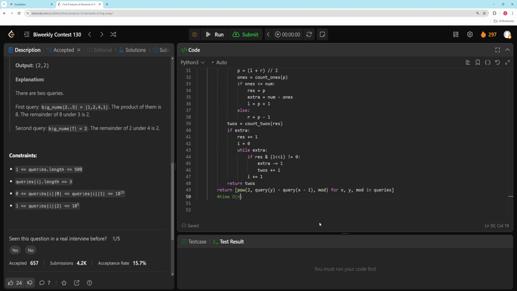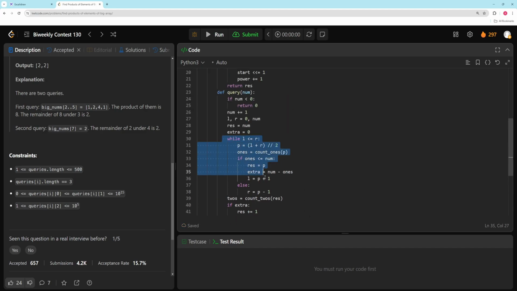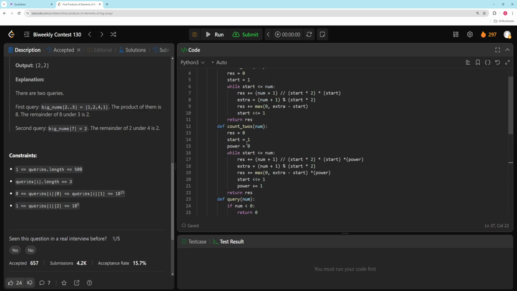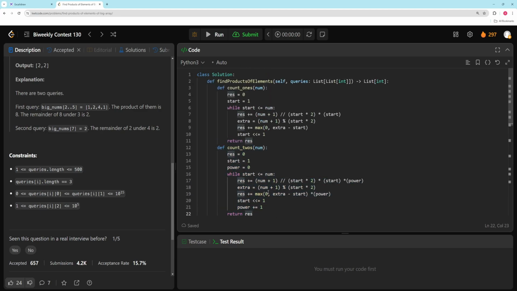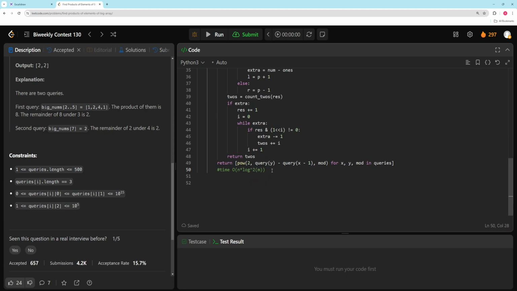For every query, you have to do log squared of the biggest item you can have, so maybe we'll call that M. I think it's something like that, because binary search is log, and then in every binary search you do these count 1s and count 2s, which is also another log. I think this actually can get factored out, or actually maybe not. There's some weird log stuff that I don't remember.